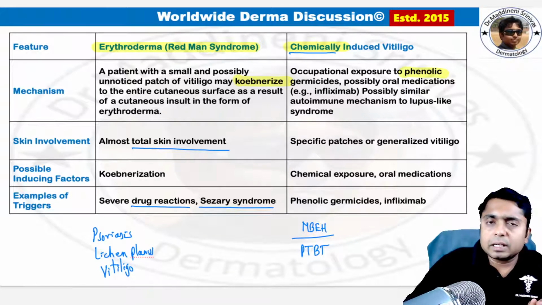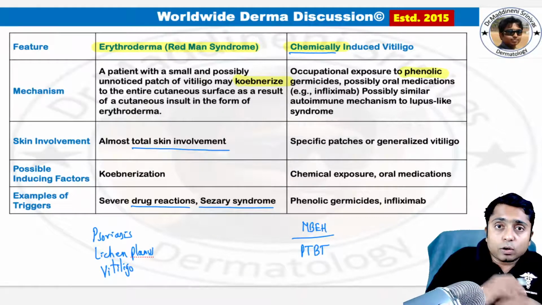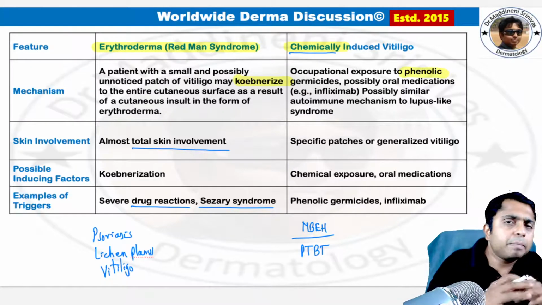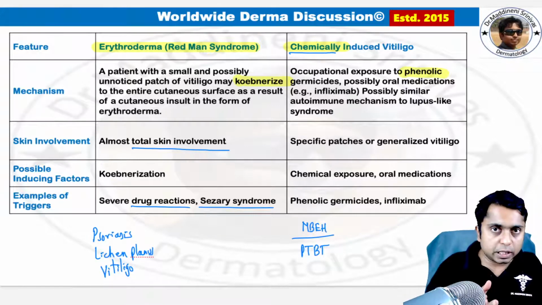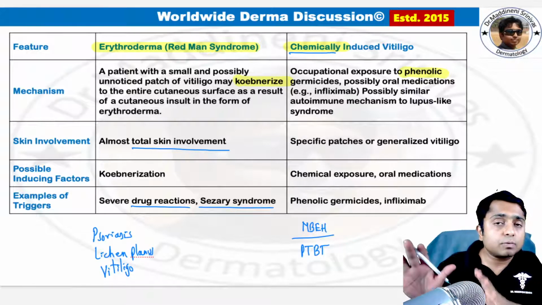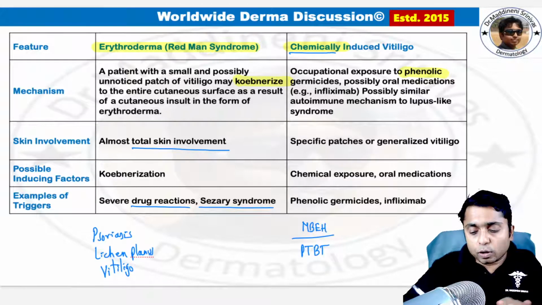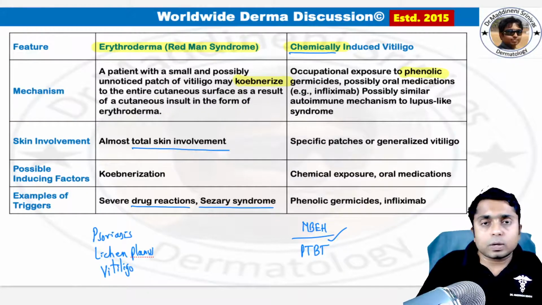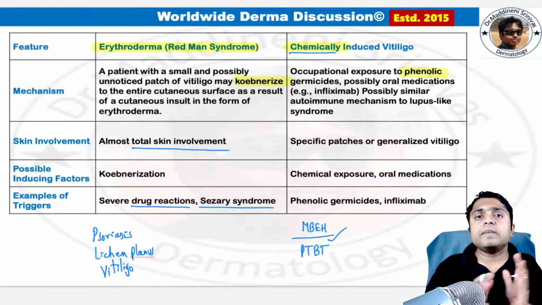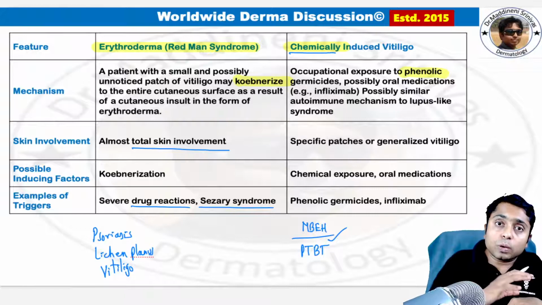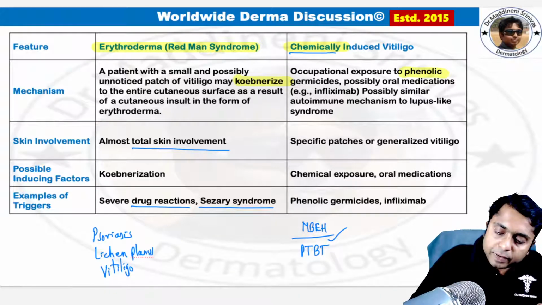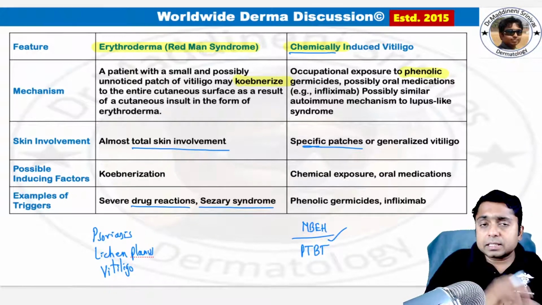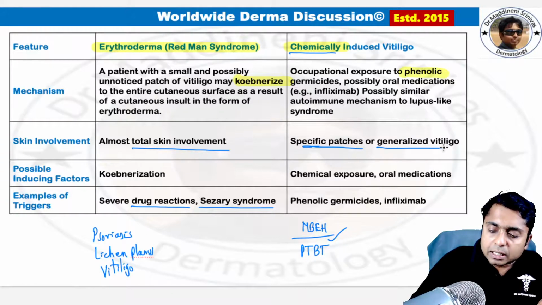Whenever there is contact with these chemicals in a person who does not have any vitiligo lesions, the chemicals damage and destroy the melanocytes, because of which we can see vitiligo-like lesions in the skin. Specific patches may be seen wherever there is contact, or we can also see generalized vitiligo in these individuals.